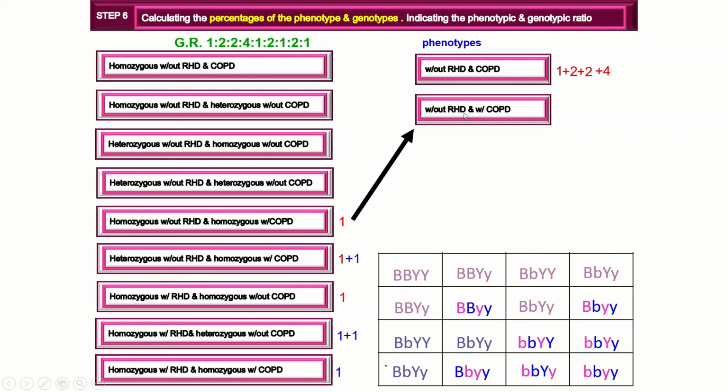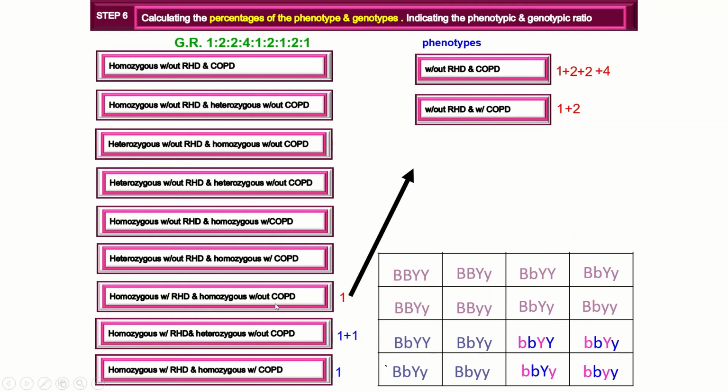This one is different. So I'll tally 1. This one, heterozygous without RHD. So this is without RHD, and homozygous with COPD. So without RHD, but with COPD. So plus 2.